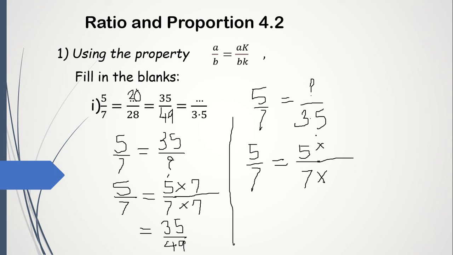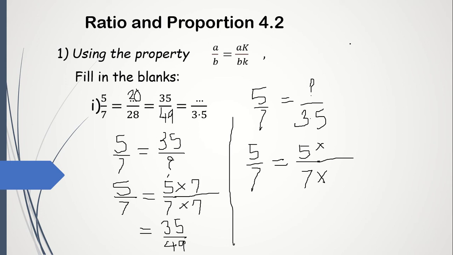Now here 3.5 is given. Now 7 multiplied by what gives me 3.5? That I have to find.